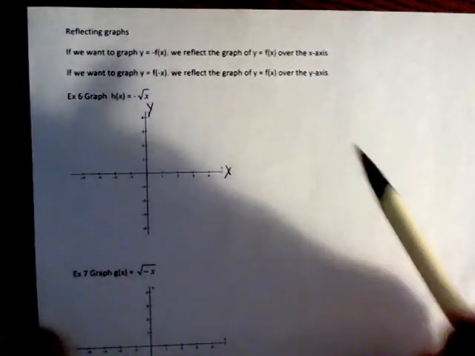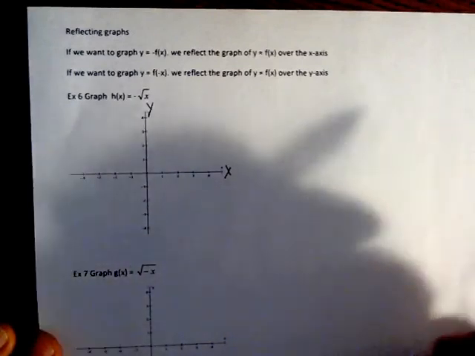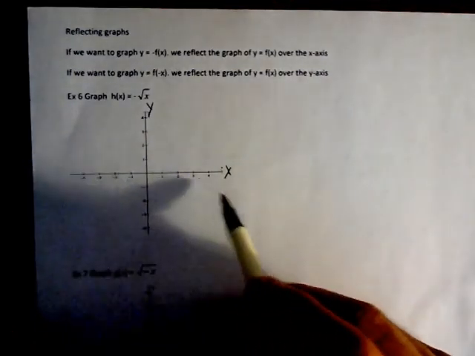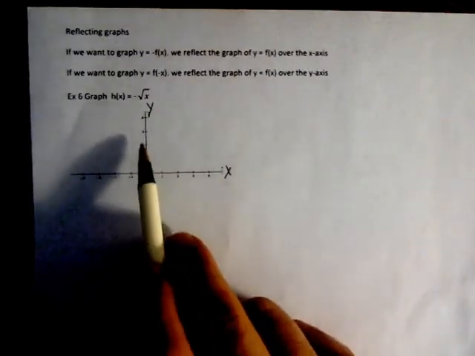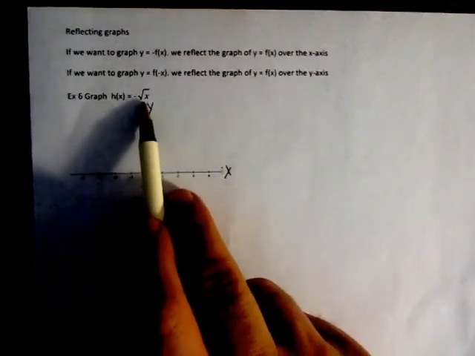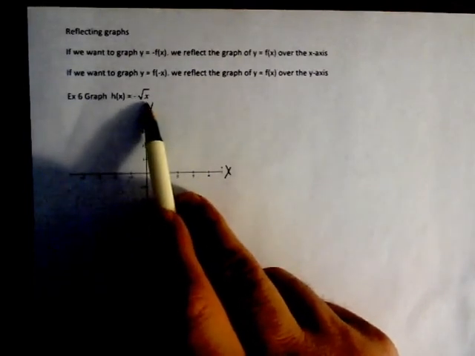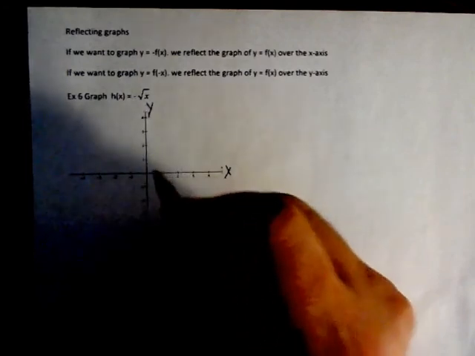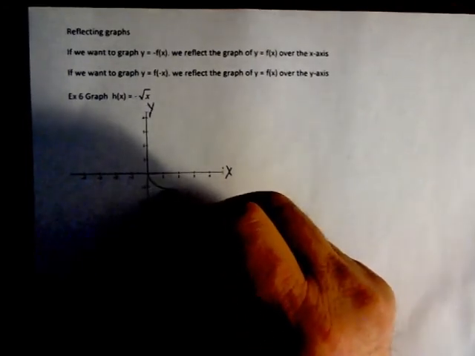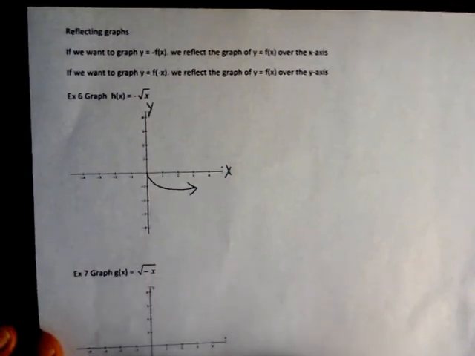And so instead of creating a table of values, we can just shift, or I should say reflect, because we are not doing any shifts. We should reflect the square root of x about the x-axis. So we take that 0, 0 point and we just reflect it about the x-axis.